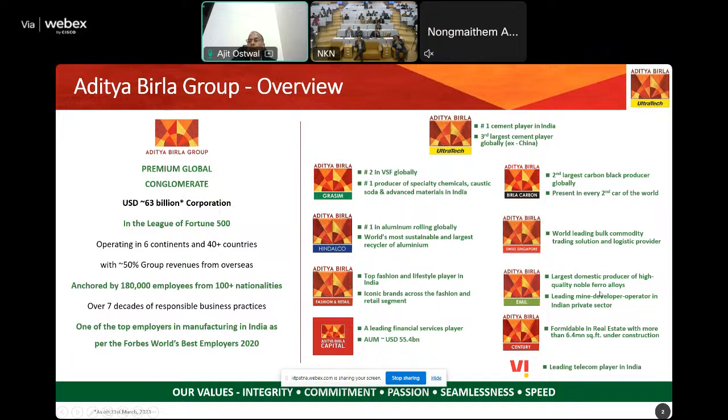Similarly, on ferroalloys, Essel Mining is the largest domestic producer of high quality noble ferroalloys and leading MDO in Indian private sectors. And Century is a formidable player in real estate with more than 6.4 million square feet under construction. And you know that we are a leading telecom player in India.